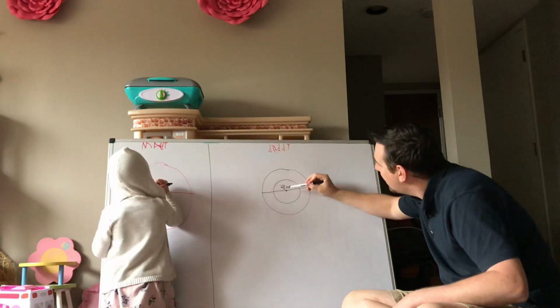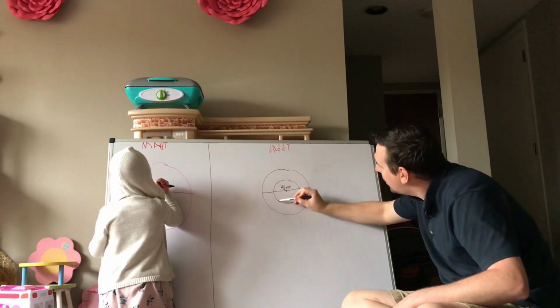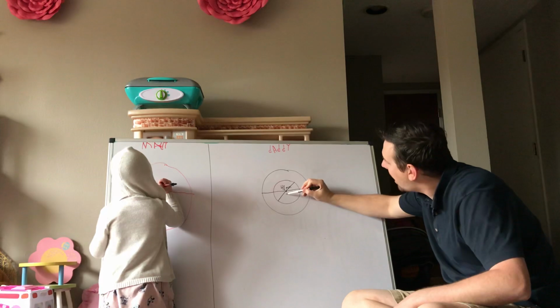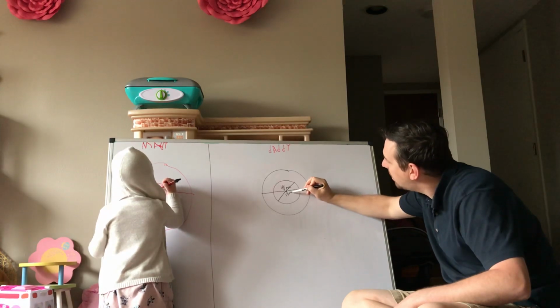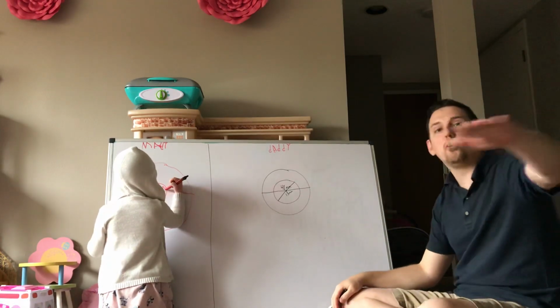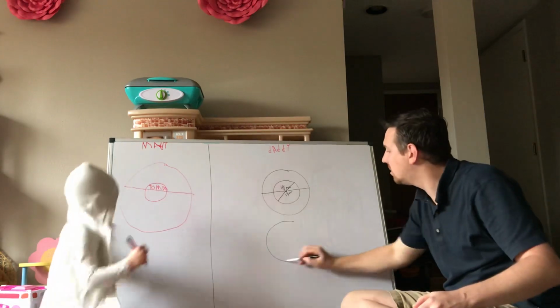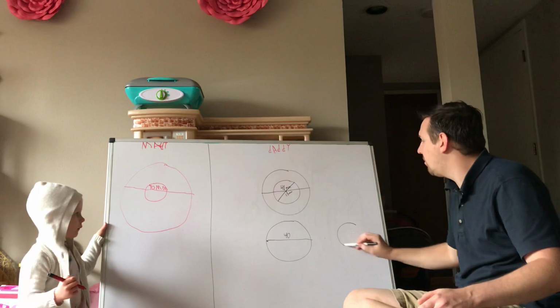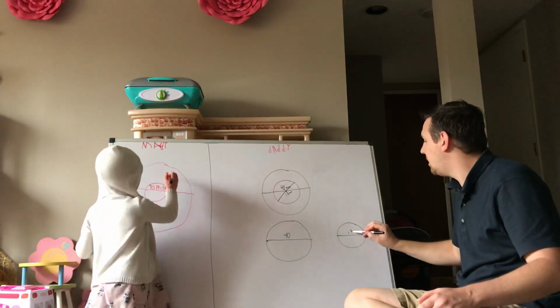And there's a diameter, I'm going to draw it this way, of the inner circle as 13 millimeters. So the entire circle has a diameter of 40, and the inner circle has a diameter of 13.